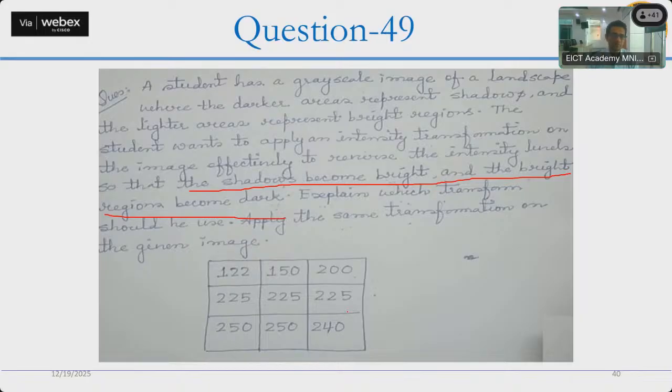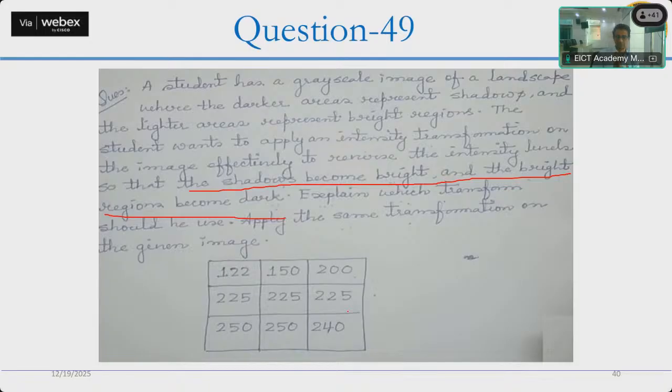Any guess what you are going to do? Association, attribute. But actually which transformation? Transformation means, see how the r value is given, we want to find out the s.